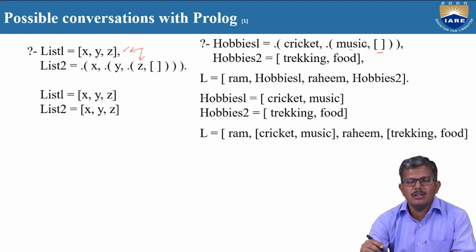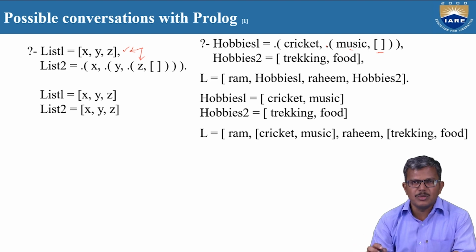You can take a list as an empty list, or as a non-empty list, or as a combination of both. One single list can have an empty list as well as a non-empty list. There is no issue. So L equals what? One is Ram, second is hobbies 1, next is Rahim, and the fourth is hobbies 2.